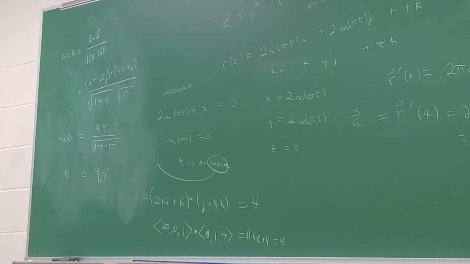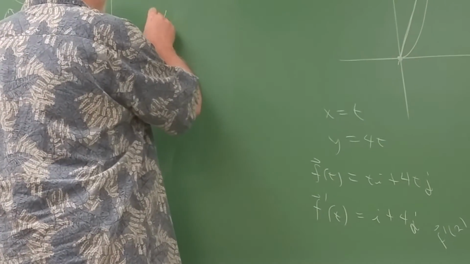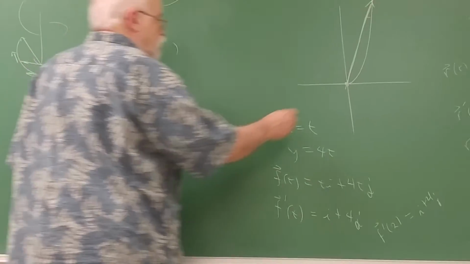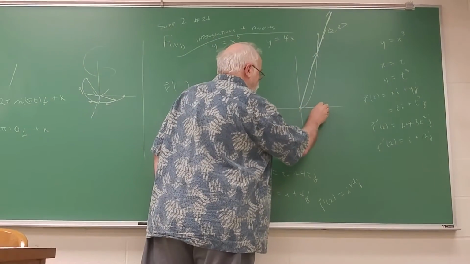Let's get this fatter angle first. So for the curve, now I'm going to want r prime of what? To get this vector right there.